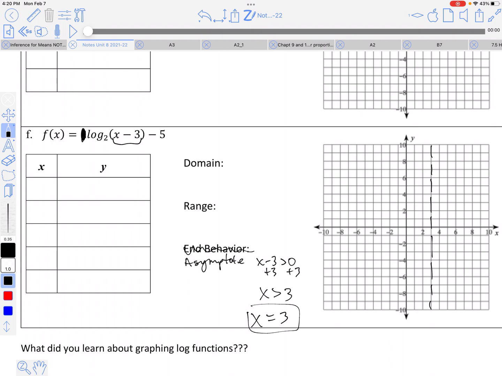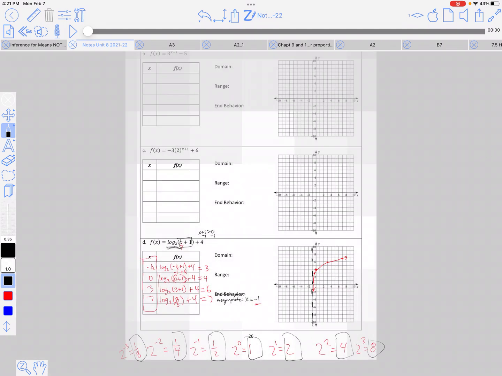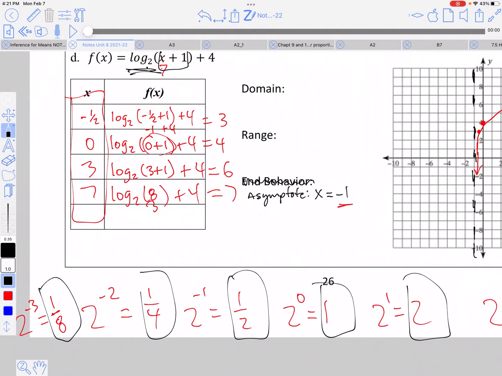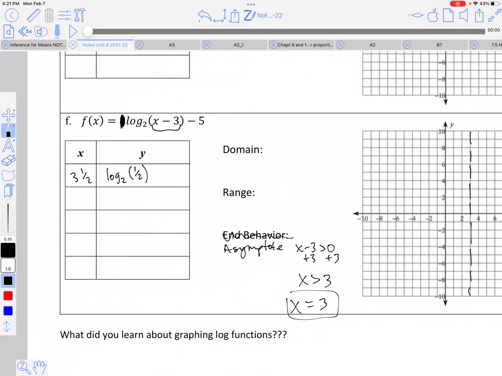And so I usually just take my asymptote and I go 1/2. So I'm going to plug in 3.5. So if I plug in 3.5 there, 3.5 minus 3, I'm going to have log base 2 of 1/2, which is, if you look back, how did I get 1/2? The exponent was -1. So that's going to be -1, and then I'm going to minus 5, and I'm going to get a -6.